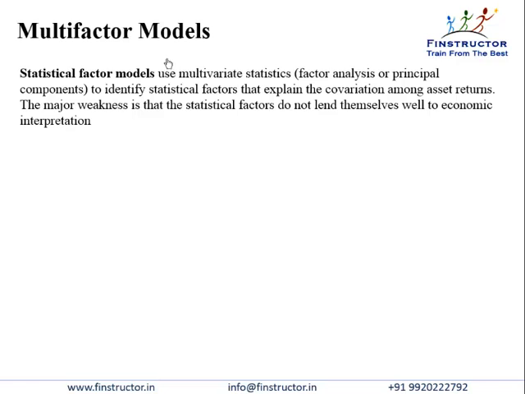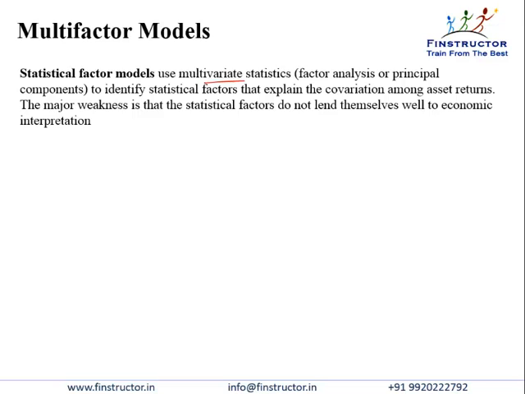The third category of models is referred to as the statistical factor models. So statistical models use multivariate statistics to identify statistical factors that explain the covariation amongst asset returns. So in statistical models, the coefficients or the factors could be macroeconomic variables, could be fundamental variables, could be any other variable, whatever mathematically best fits our historical returns.